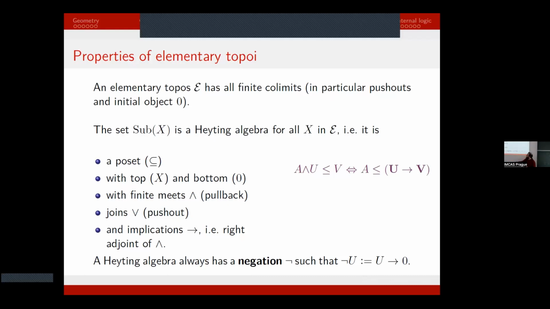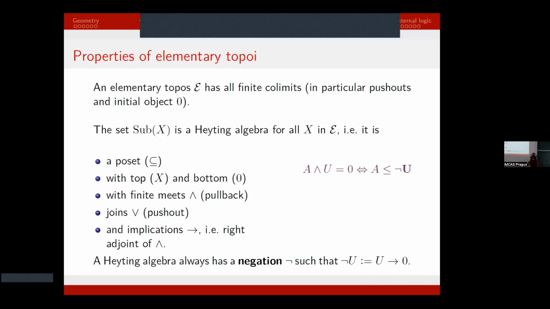So far these are the axioms. This is all. An extra property that we get is the existence of a negation that we can define by U implies 0, which is the bottom element, and therefore it wants to represent false. What does it mean? Let's substitute the 0 instead of V. But now no element is less than or equal to 0, so we can actually put an equality here.